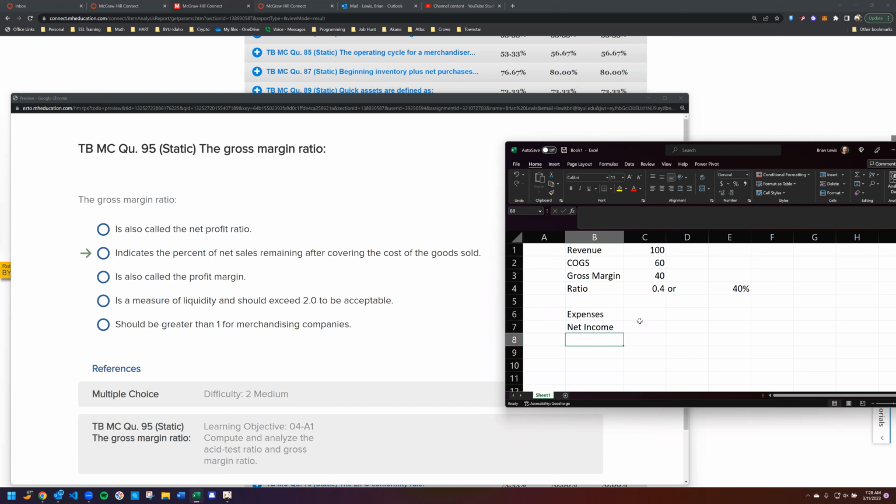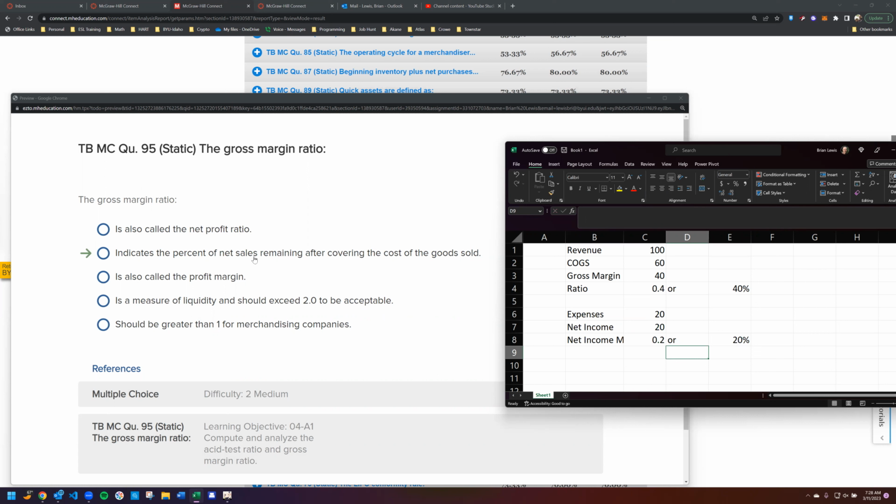If I had expenses of 20, then my net income is the gross margin minus the 20, and my net income percent, or ratio, or margin, is the 20 divided by the 100. So that's a 0.2 or 20%. So it's not the net income, definitely gross margin. So that one's a no.